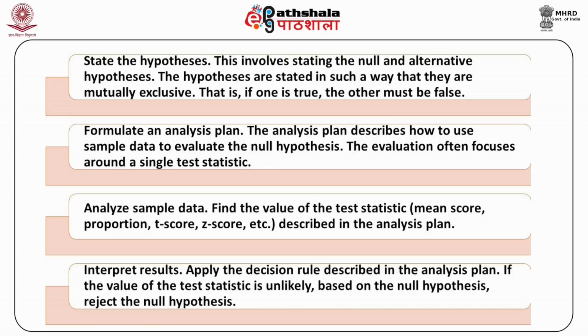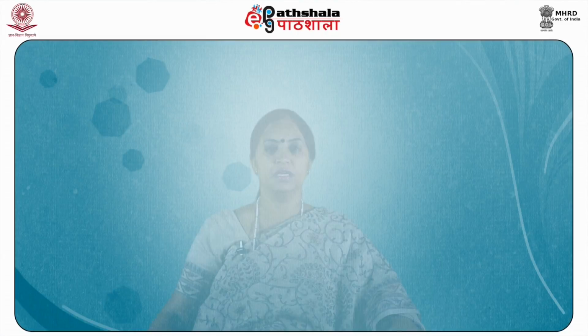Analyze sample data, that is, find the value of the test statistic, mean score, proportion, t-score, z-score, etc. described in the analysis plan. Interpret the results, apply the decision rules described in the analysis plan, and if the value of the test statistic is unlikely based on the null hypothesis, reject the null hypothesis.